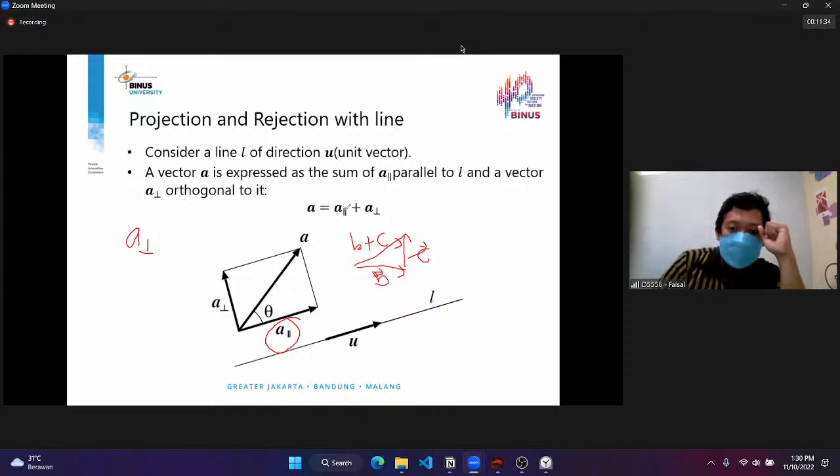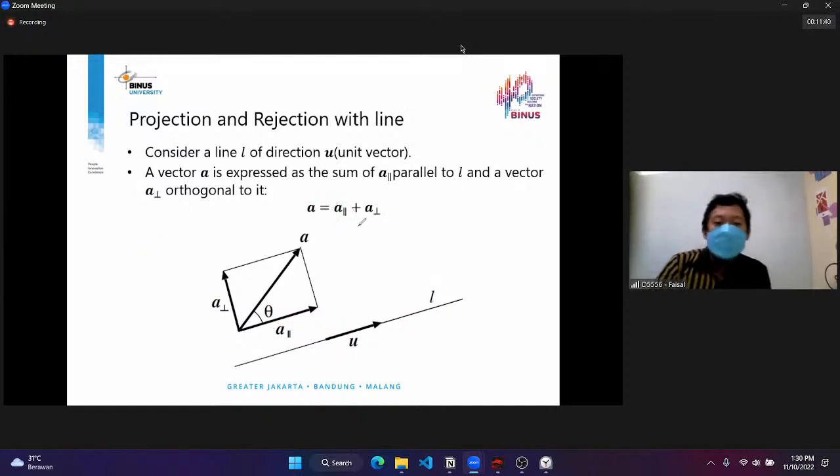So every vector can be expressed as the sum of these two vectors, one parallel to the line, and the other one orthogonal to the line.